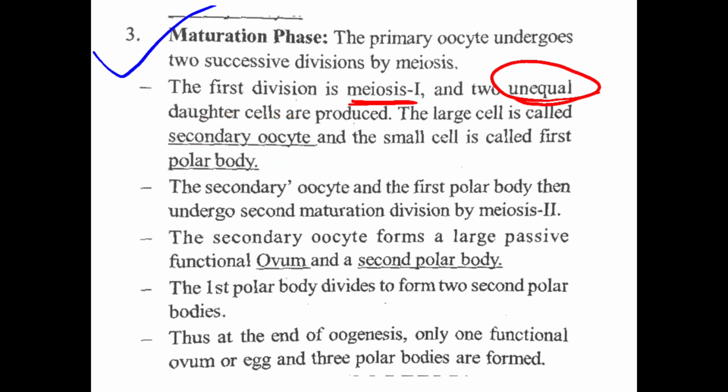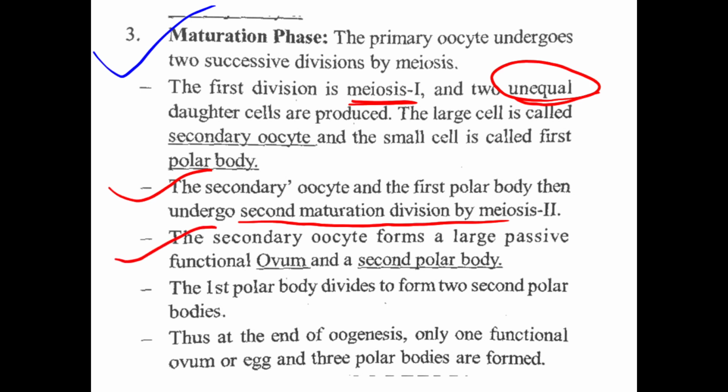Next, the secondary oocyte and the first polar body again undergo the second maturation division, which is meiosis 2, and that is also an equational division.